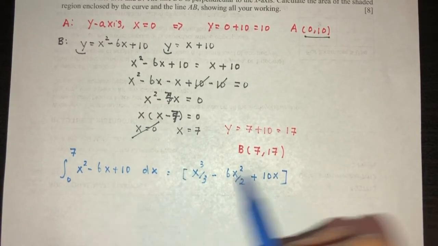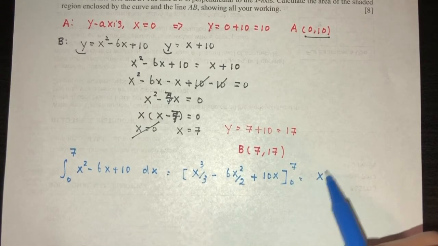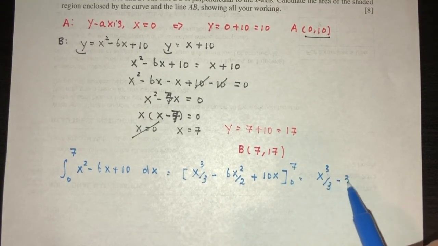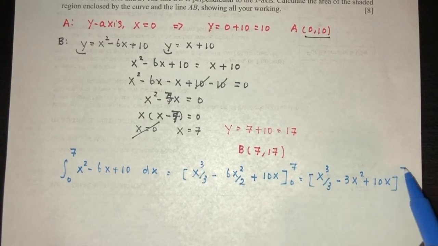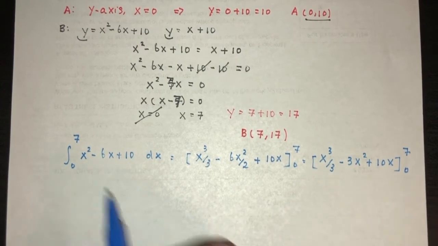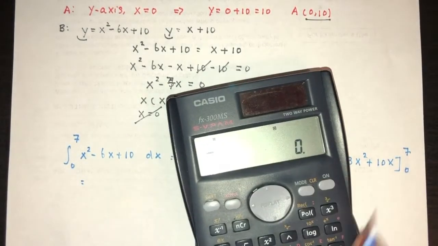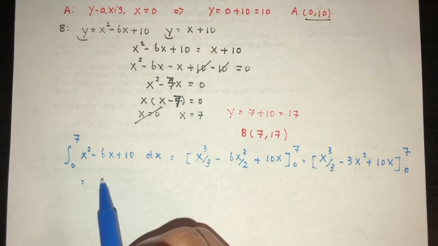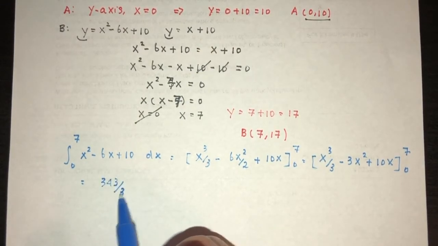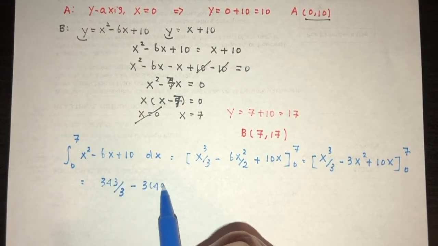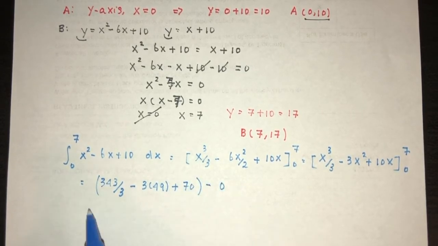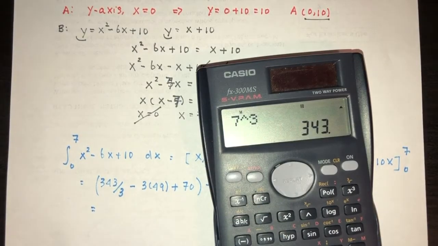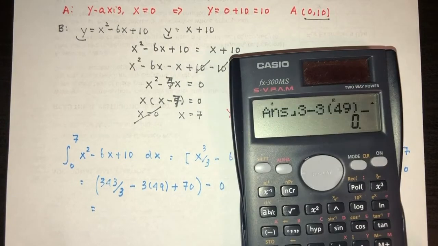That will become simplified to what? x cubed by 3 minus 3x squared plus 10x between 7 and 0. So let's find the values. You will have 7 to the power 3, that will become 343 divided by 3 minus 3 times 49 plus 70, and minus 0.